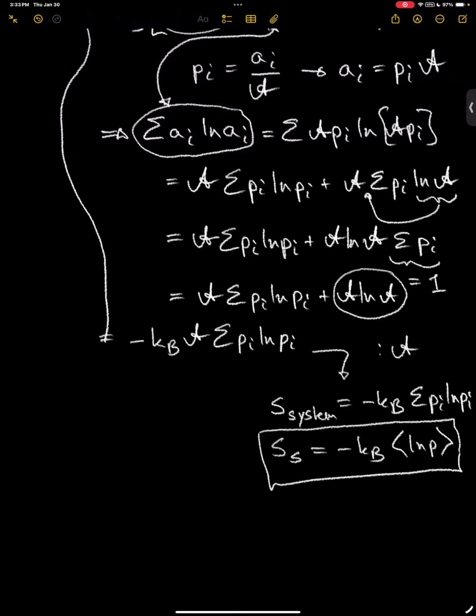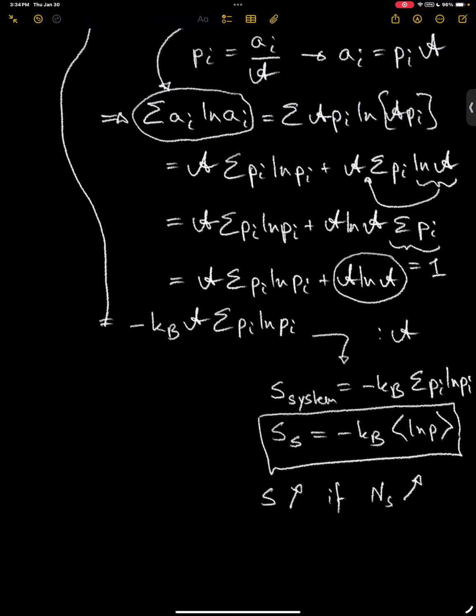It tells you that the entropy will go up if your number of states goes up, right? You're collecting more terms. And it goes up if your probability goes up, which means your energies go down. So the more states you have with low energy, the more entropy there will be in your system.